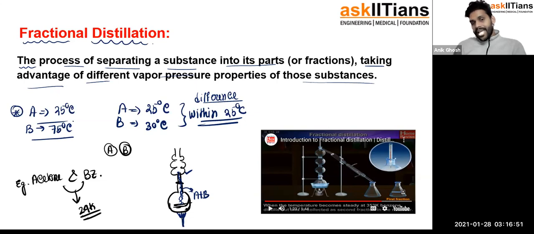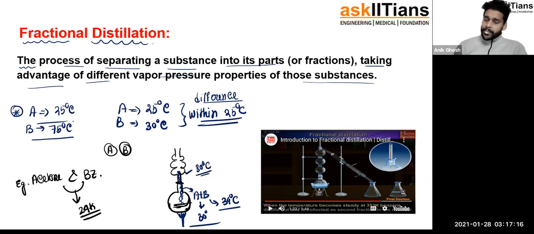Let's say A has a boiling point of about 30 degrees centigrade, and B has 34 degrees centigrade. If you heat it up to here, let's say that is 30 degrees centigrade, then what would happen? Look, all of them are gas now because the temperature is near about 80 degrees centigrade.